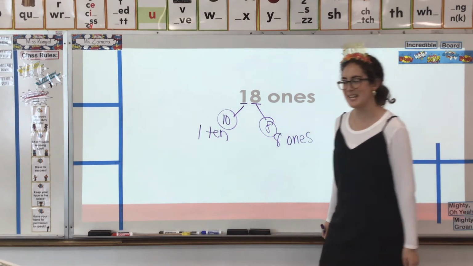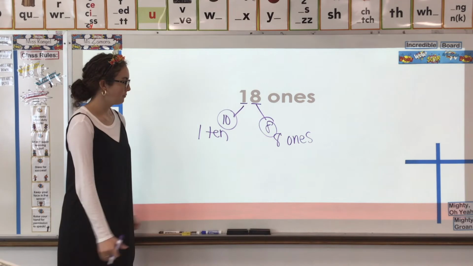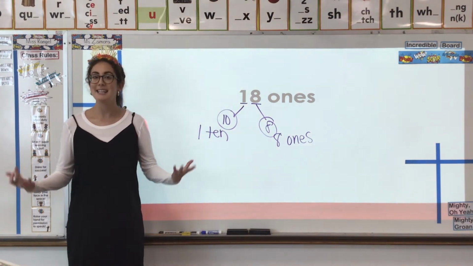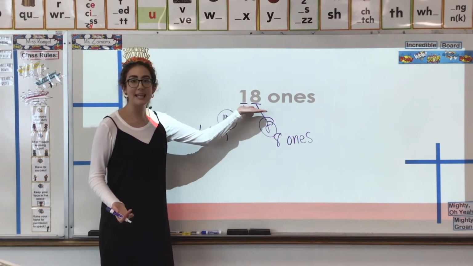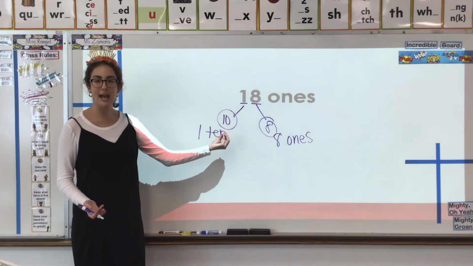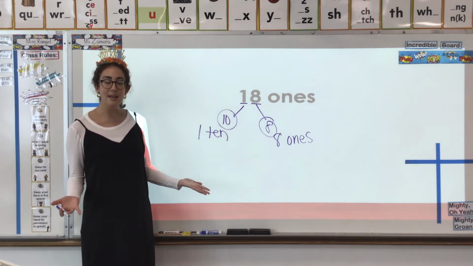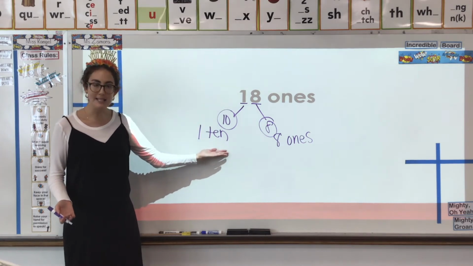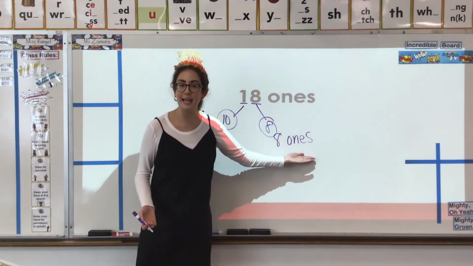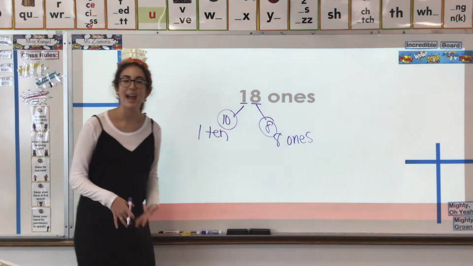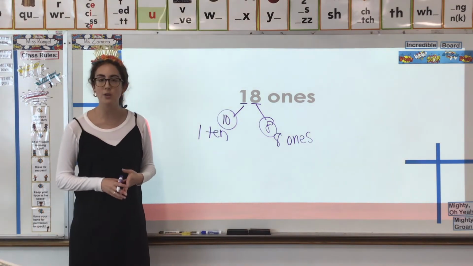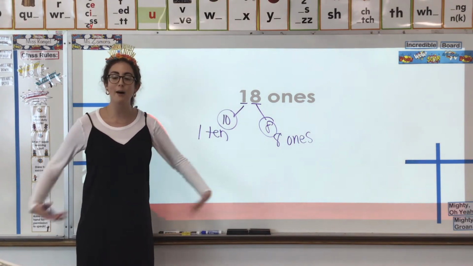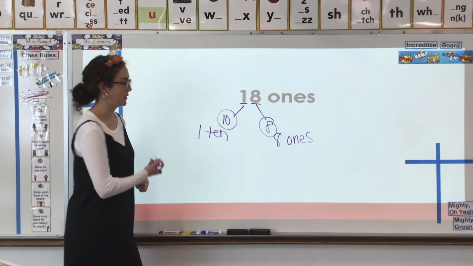We leave it as it is. Scholars, now we've taken out a group of 10, and we can see that 18 ones equals 1 ten and 8 ones. And now it might be a little simpler for us to figure out what's the total value.